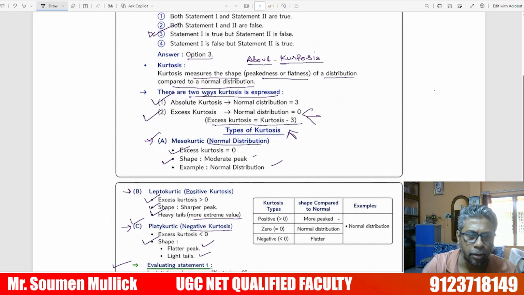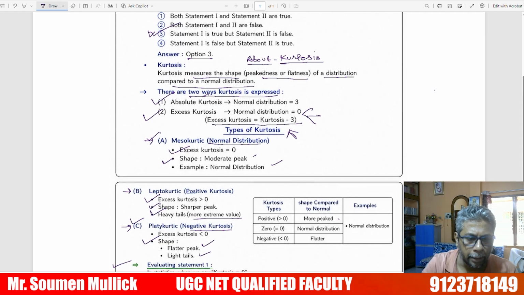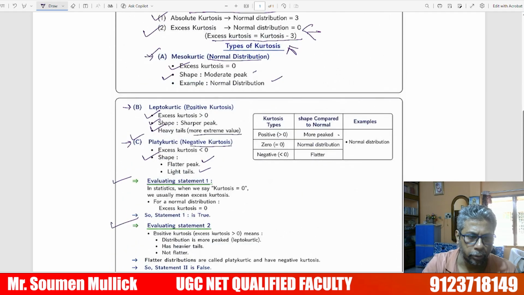You have to remember three types: mesokurtic, leptokurtic and platykurtic.